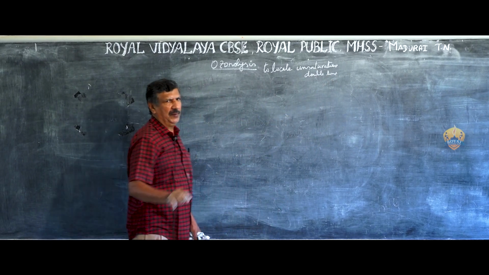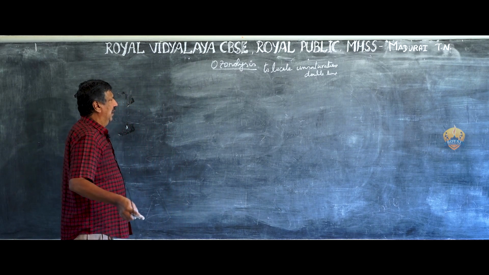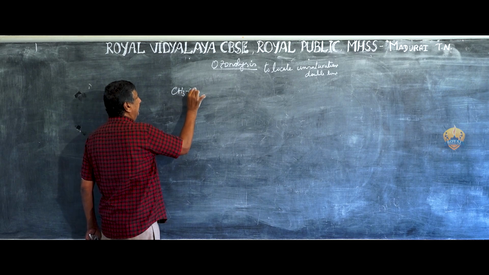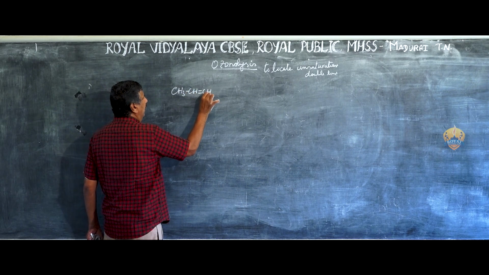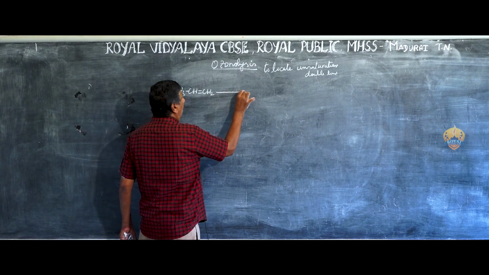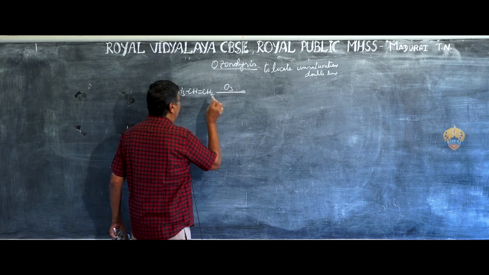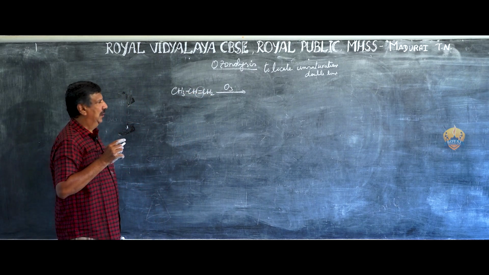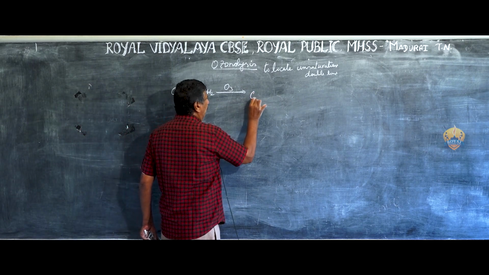So, okay. First, I will start with propylene. Propylene on ozonolysis: first you watch this double bond. That's very important. What do you do?